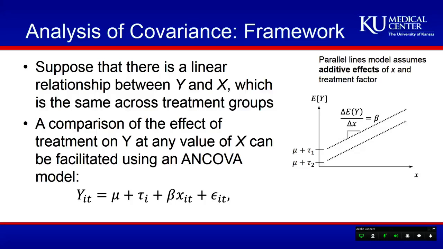If the lines are parallel and the lines are appropriate, then this is the simplest model that we can use. Notice it looks like a combination of the ANOVA model right here: the overall average response plus some effect on the response as a function of which treatment they received. These two together describe the average response, if you will, for athletes receiving the ith treatment.